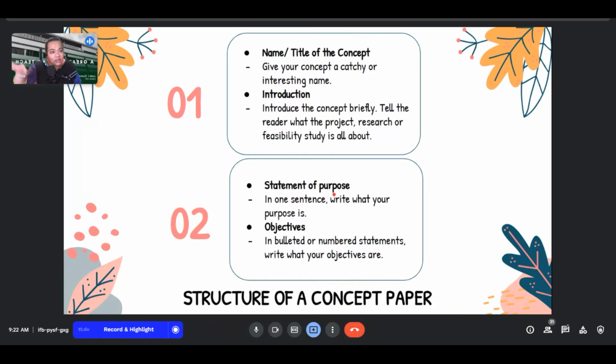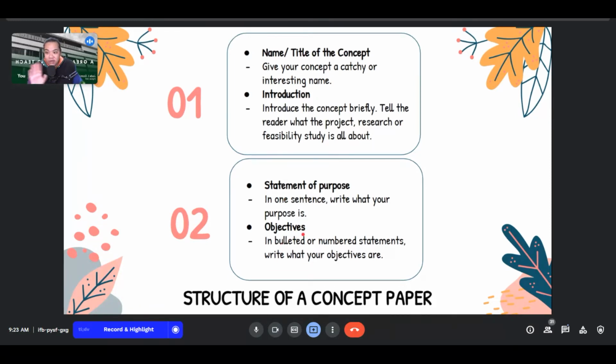That's the broad aspect of what you want to do for the community, or what you want to do to help solve a certain community problem or issue, or to help research a certain topic. So, in terms of research, this can be to determine the common causes of stress in grade 11 students. Okay? So, that's the main purpose.